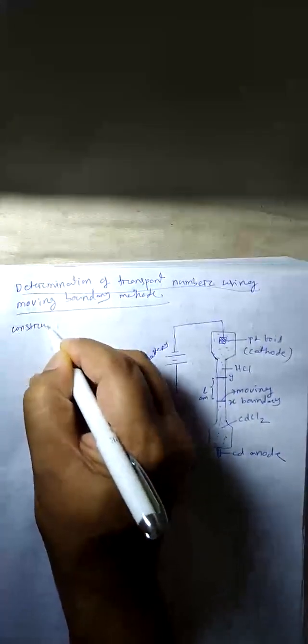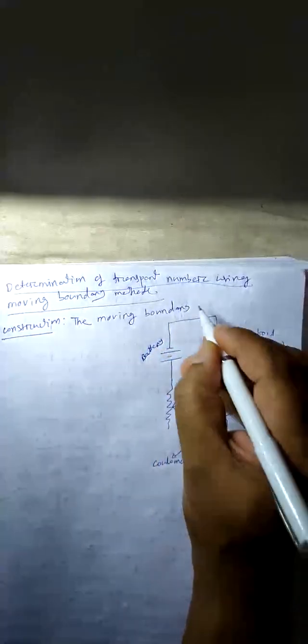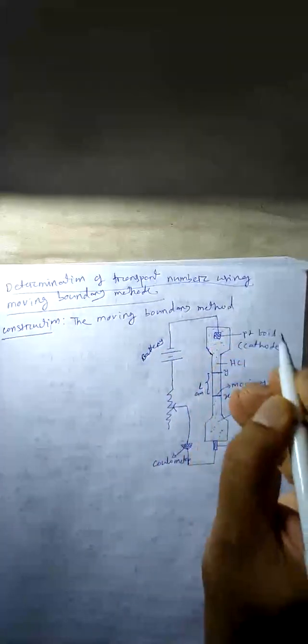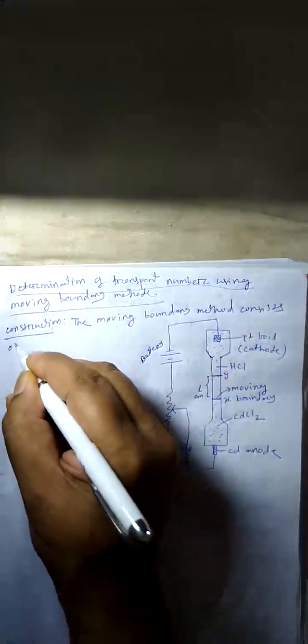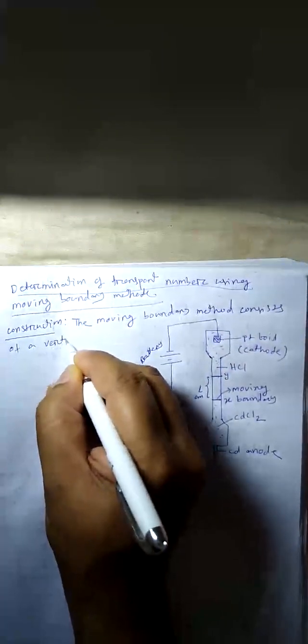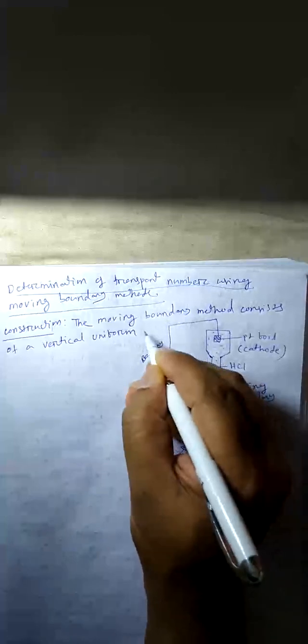In the construction part, you have to write that the moving boundary method consists of a vertical uniform bore tube.